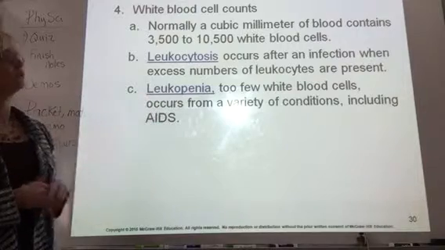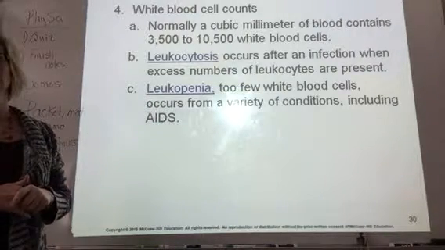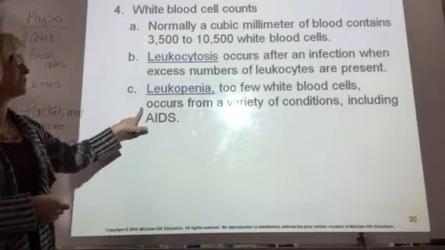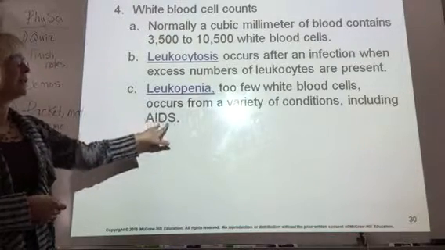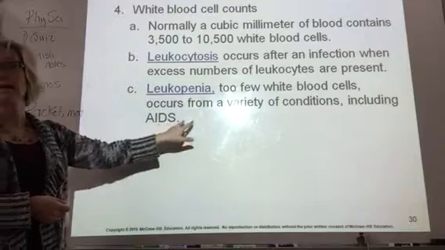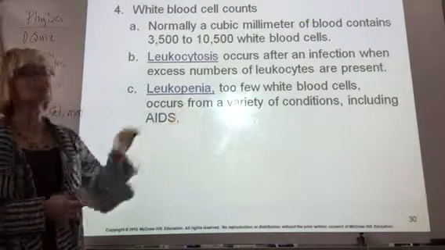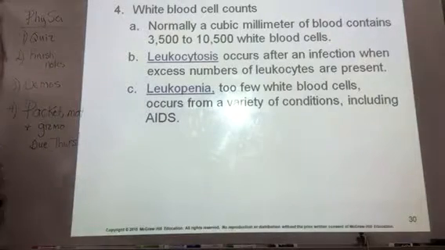Leukopenia, too few white blood cells, means you're going to have a low white blood cell count, and it occurs from a variety of conditions. AIDS is one of them. Cancer would be another one. For some reason, your body is not producing enough white blood cells.